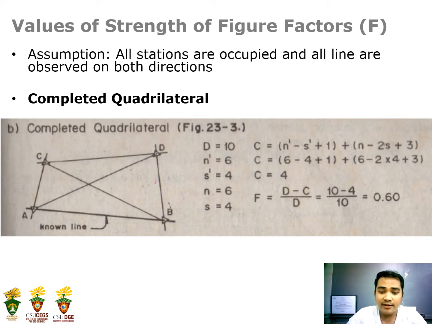Using the formula to compute C, N prime minus S prime plus 1 plus N minus 2S plus 3, substitute all the values given, and we can have C equal to 4. And to get the strength of figure factor, F is equal to D minus C over D. So 10 minus 4 over 10, we can have the value of 0.60.